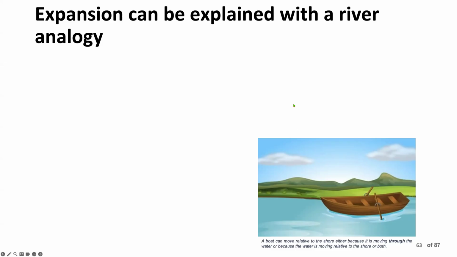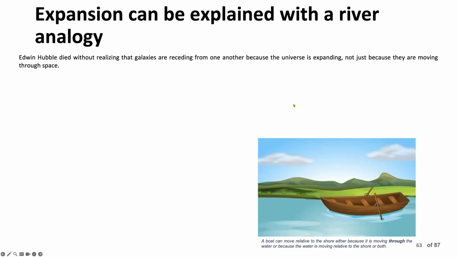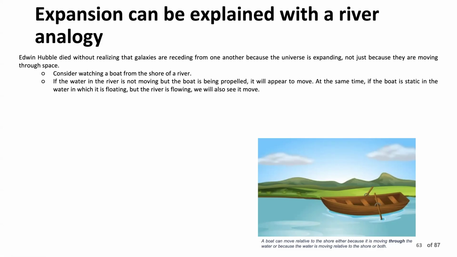The modern way to think about the expansion of the universe is that, in the case of the boat, we replace that with a galaxy. It's moving because the distance between galaxies is getting bigger all the time because of the expansion of the universe.